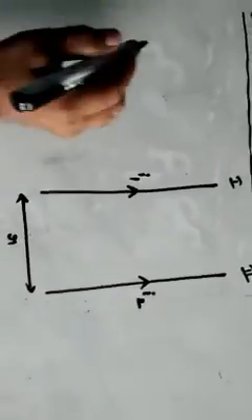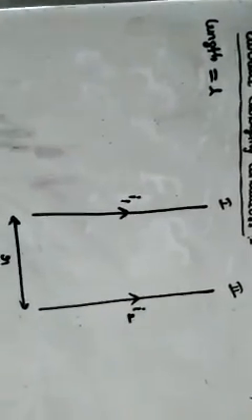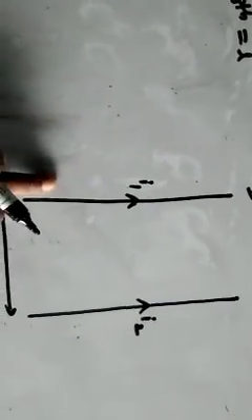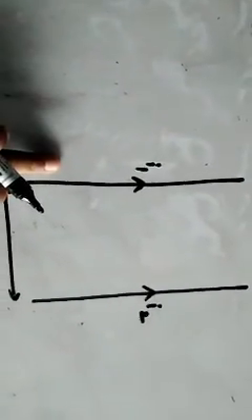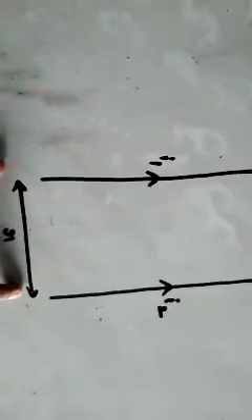The length of the two conductors is L. Both are identical conductors, length is L. First of all I am considering wire 1. It is producing a magnetic field around it up to the distance r.